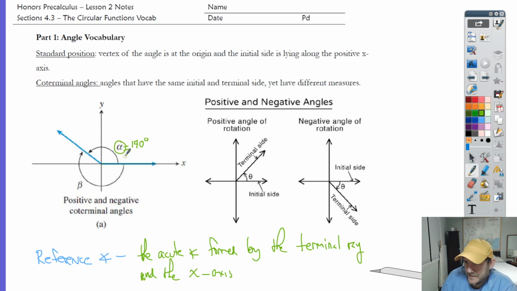Well, if I've rotated 140, then it shouldn't be too tough to see that it would take an extra rotation of 40 degrees to get back down to the x-axis. So the acute angle formed by the terminal ray and the x-axis would be that angle right there. It would be 40 degrees because essentially you're just doing 180 minus the 140. And we can see that for a 140 degree angle, the reference angle would be 40 degrees. We'll do more with that as they come up.